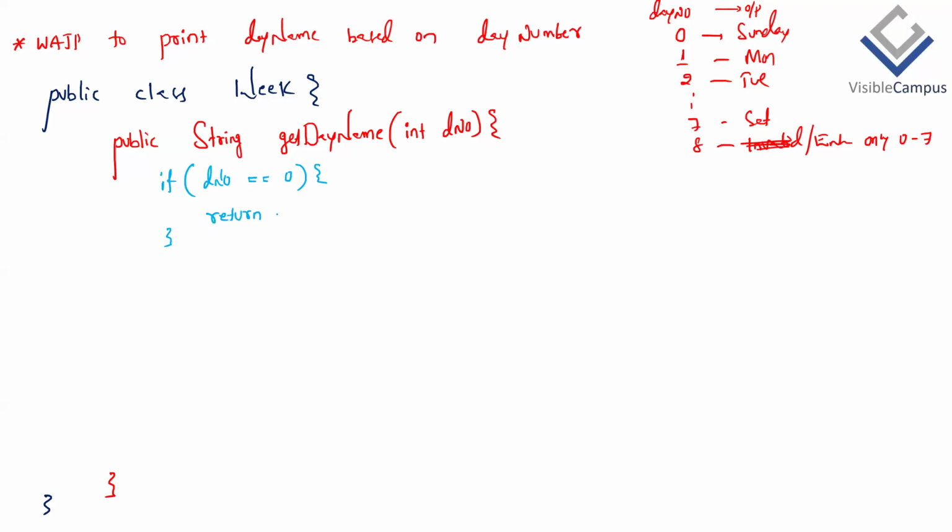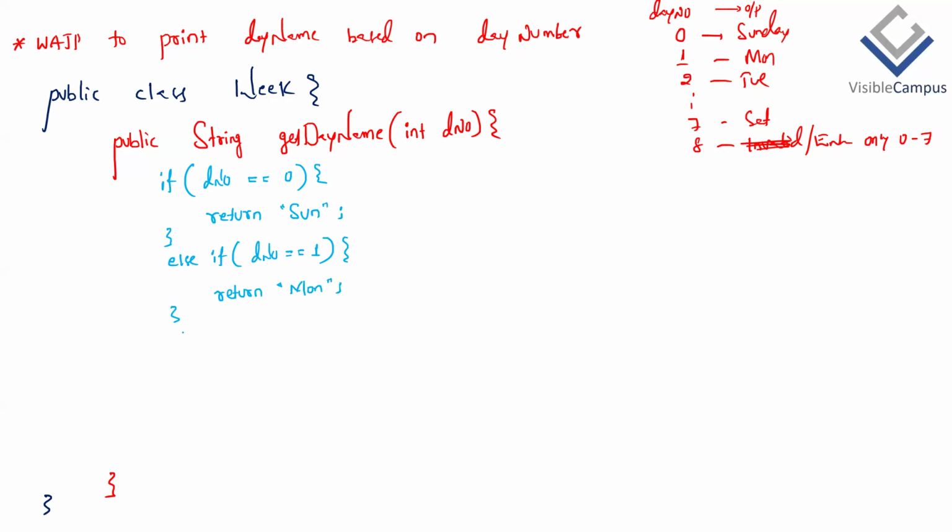Return, then space. Sunday is string data. Directly we can return the value also. Correct or not? We can return a variable or we can return a value. Yeah. Then what's the alternate for this? If it is not 0, else if the day number is 1, then return, space, double quotes, Monday.